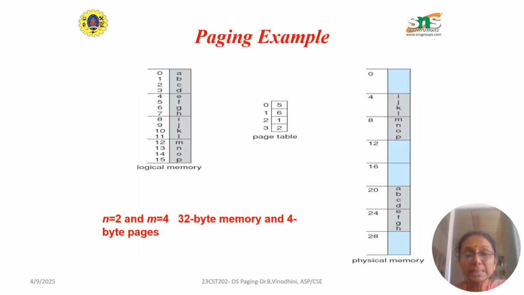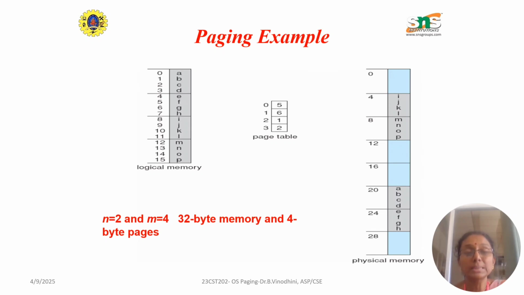I said that we have an address translation scheme with the page number and offset. Offset means the location within the page, based on the page size. For example, if it is 4 bytes, the page contains 4 bytes. The page size in logical and physical memory is equal to 4 bytes.